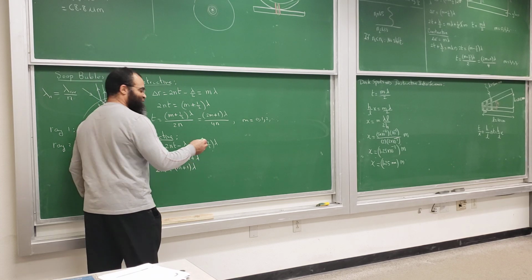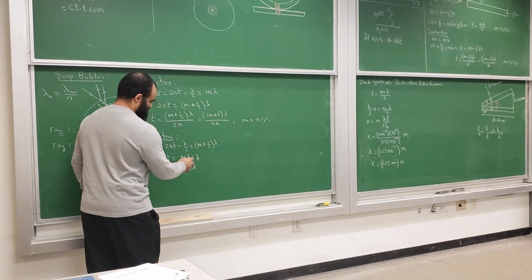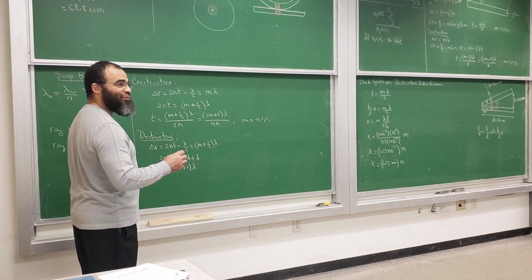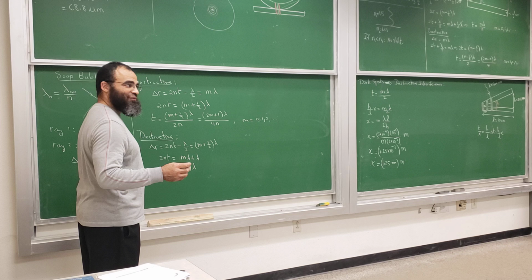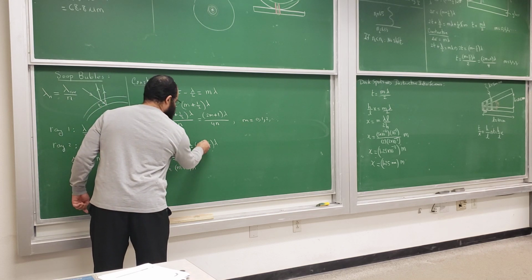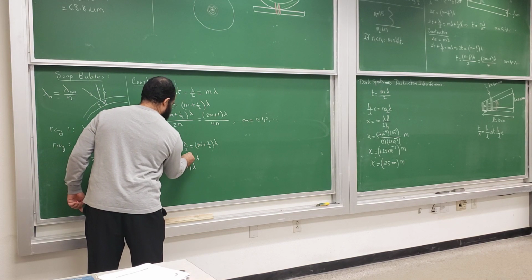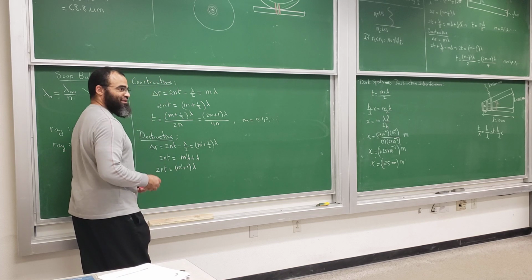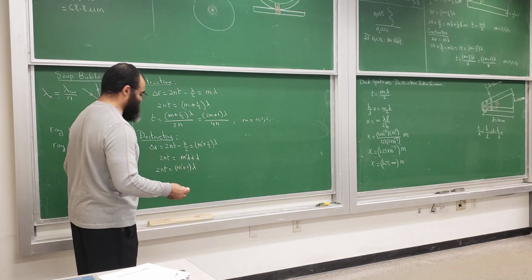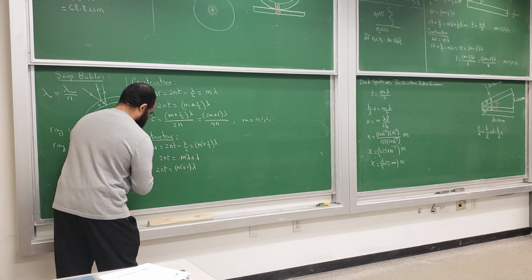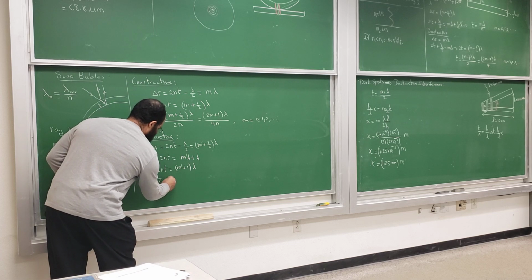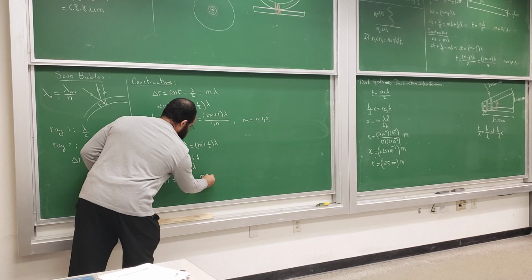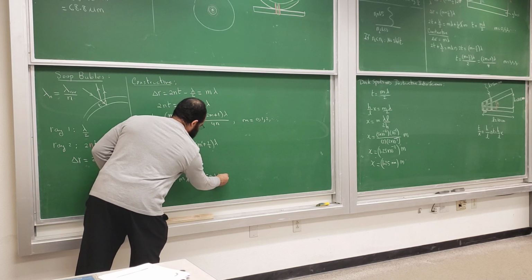Let me do this. Instead of starting m at -1, I'm going to name this m prime, and then m prime plus 1 is m. I'm going to rename that as m. So I have that 2nt is equal to m times lambda, and now m is equal to 0 or 1.